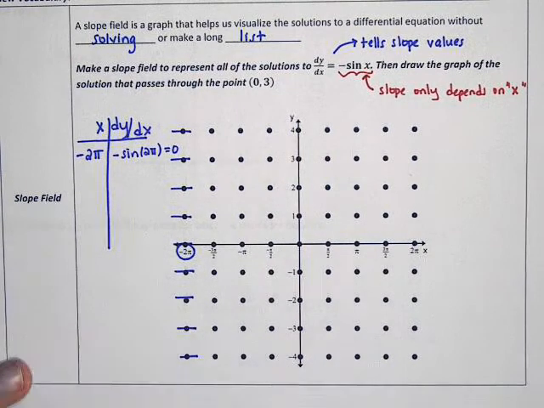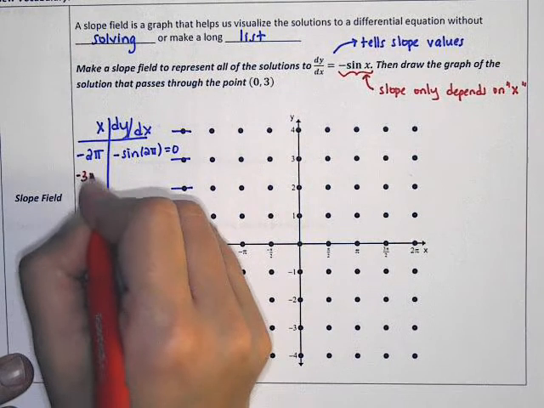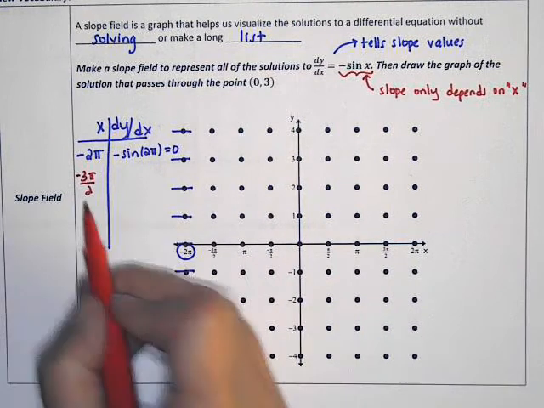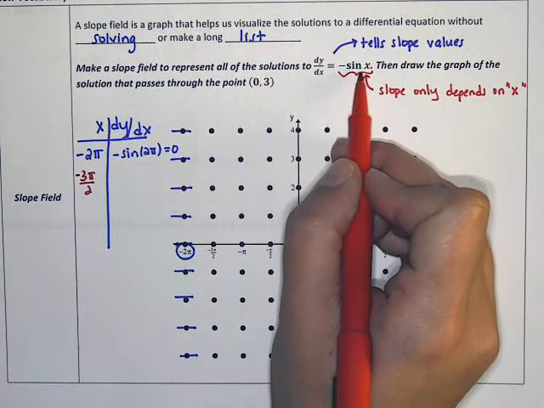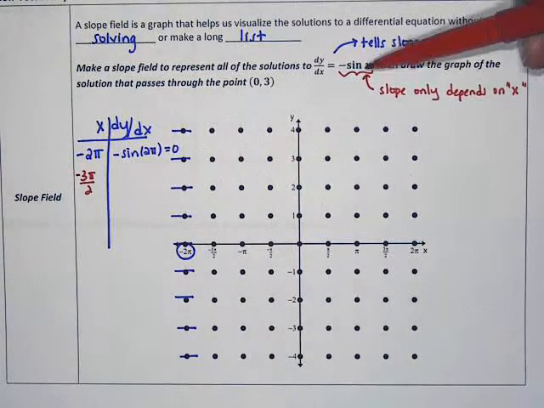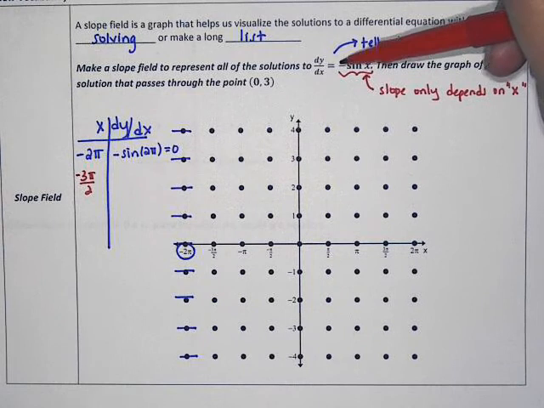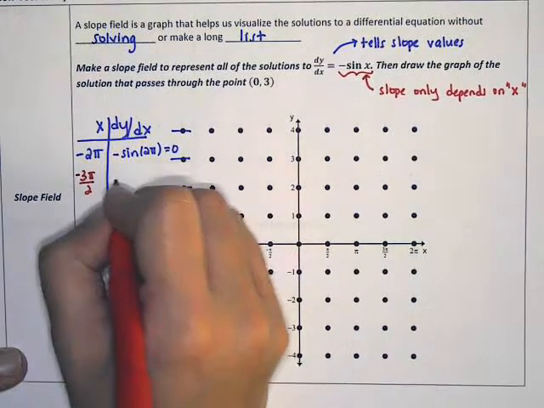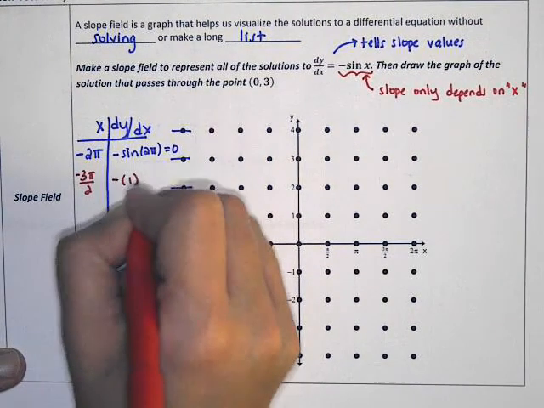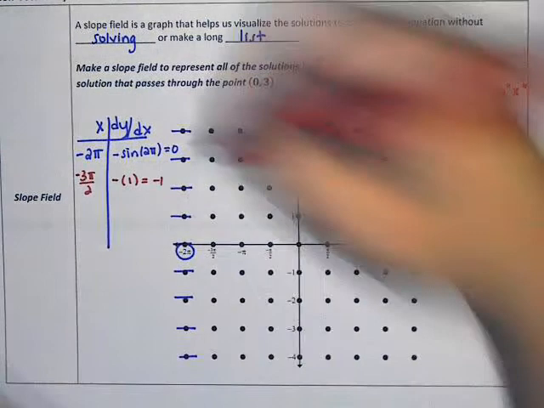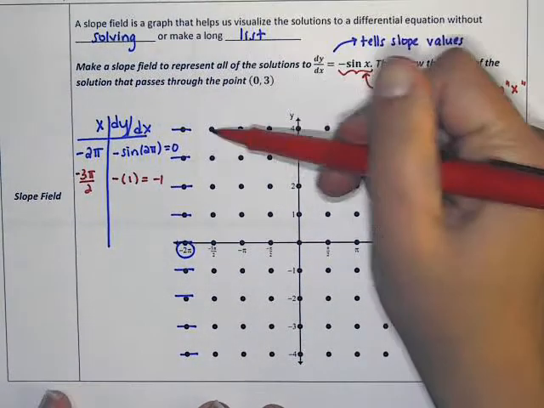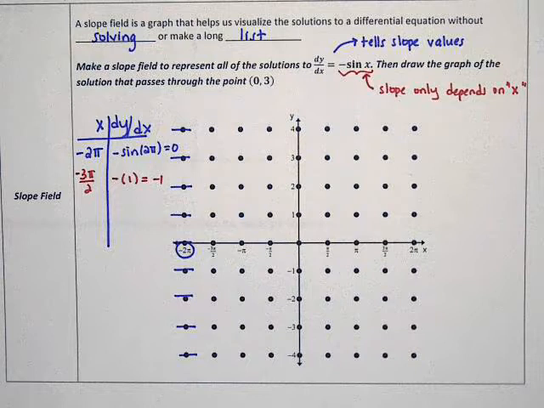Now let's see what happens at negative 3 pi over 2. If I substitute it in here, sine of negative 3 pi over 2 would be positive 1. Negative sine would be negative 1. So all of my slopes in this column will be negative 1.